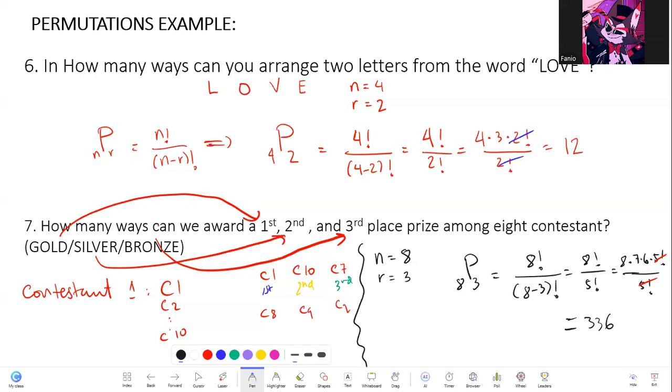Teacher, if I could ask real quick. Yes. I was wondering how did we come up with 10 contestants? Oh yeah, it's supposed to be 8, not 10. Sorry. Yeah, because it says 8. It has to be 8. Yes, you're right. Thank you. So contestant 1 to 8.